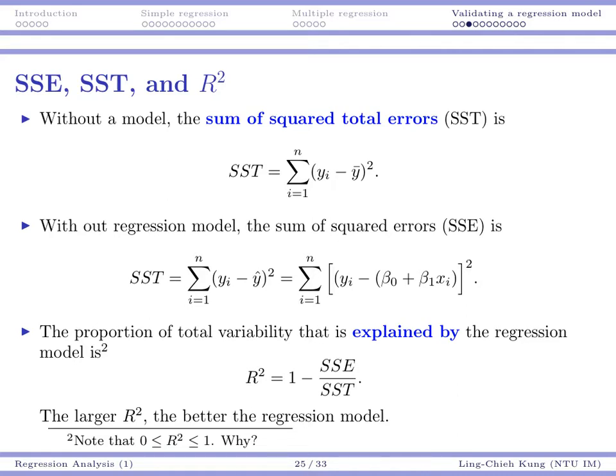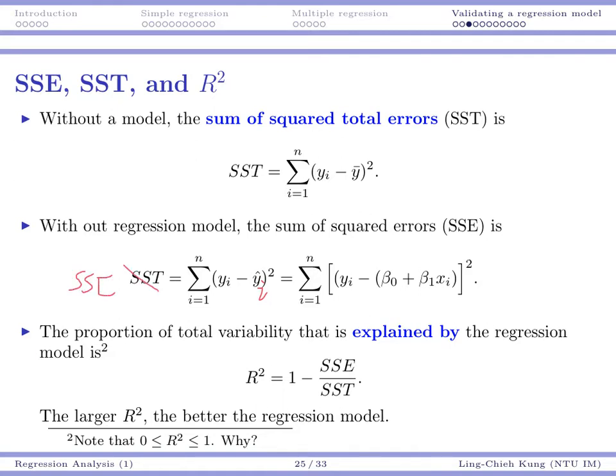If we have our regression model, then that simple mean is replaced by the estimate of our regression model. yi is going to be compared with yi hat, and that's something we are familiar with.